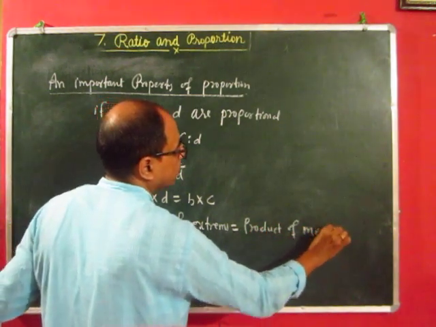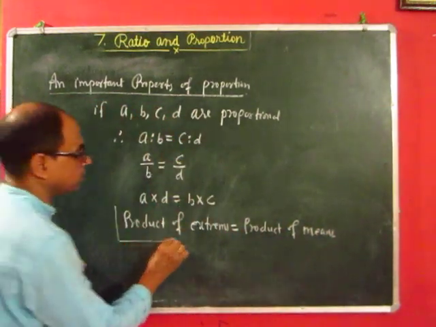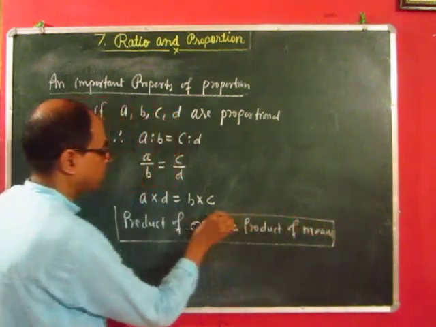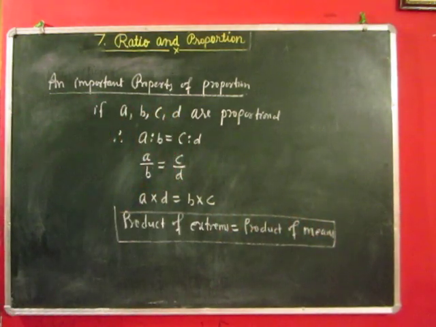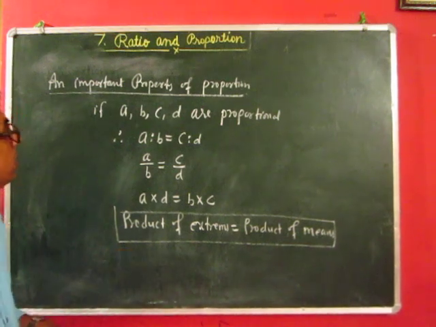So if four numbers are given proportional, directly you can use this relation. Product of extremes is equal to product of means. Clear? So this is an important property of proportion.